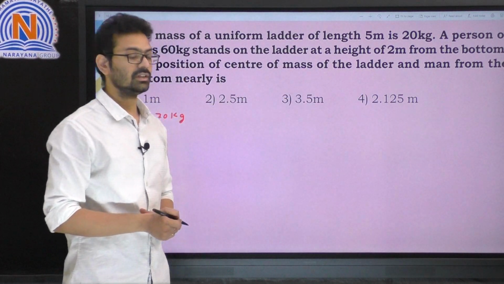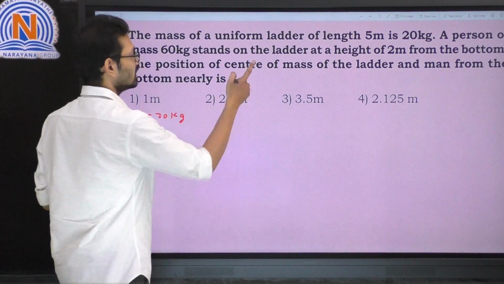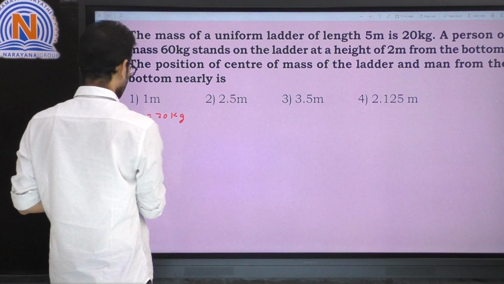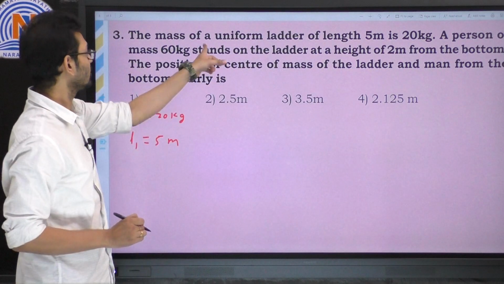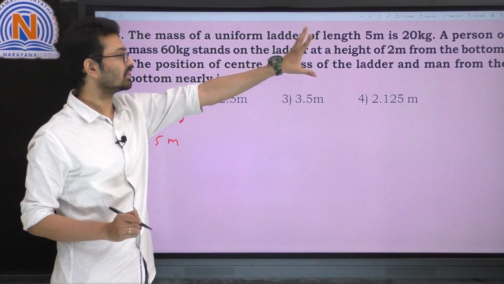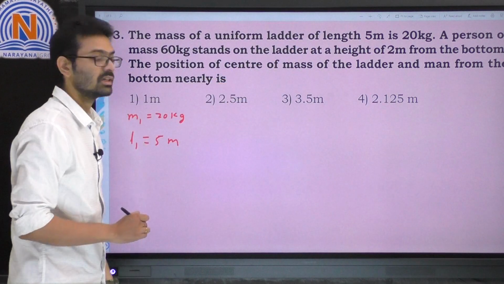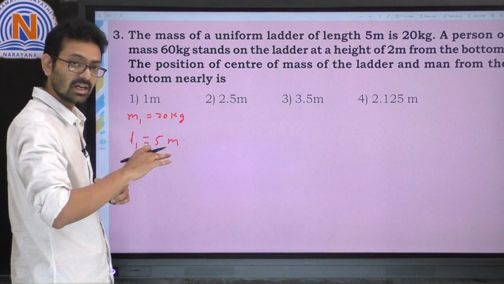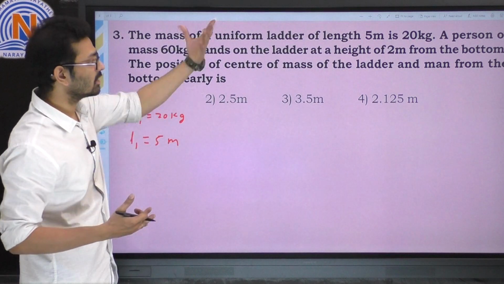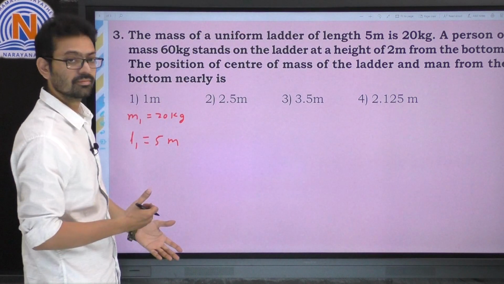When you want to find this, you take down M1 as 20 kg and L1 as 5 meters. The mass of the uniform ladder is 20 kg and the length of the ladder is 5 meters. A person of mass 60 kg is standing on the ladder at a height of 2 meters from the bottom.